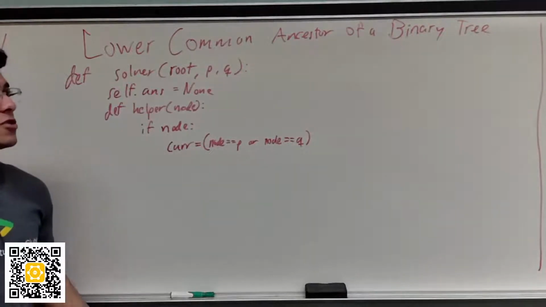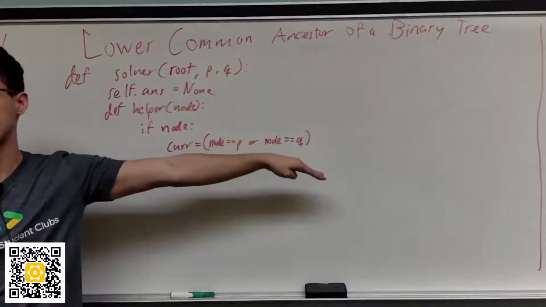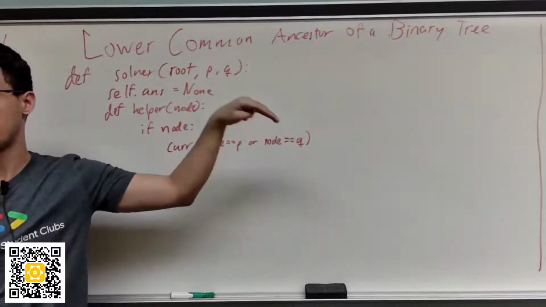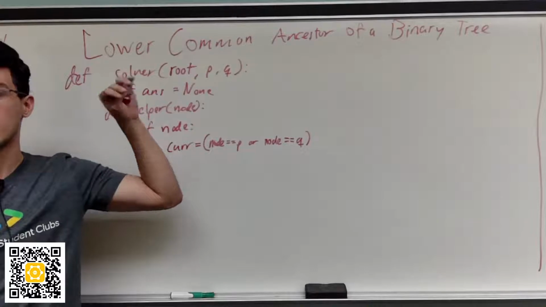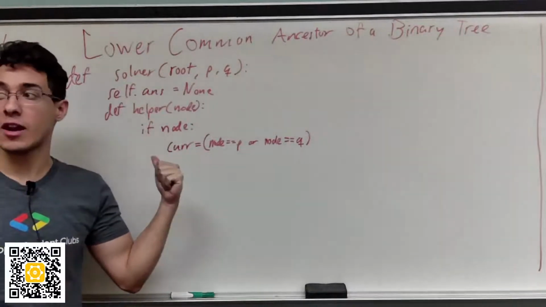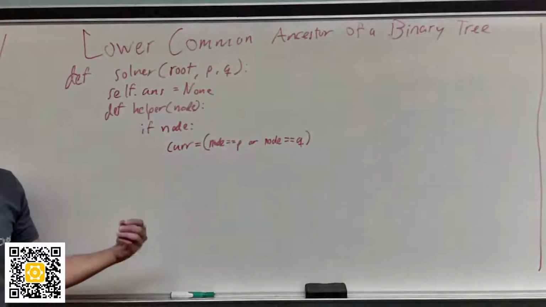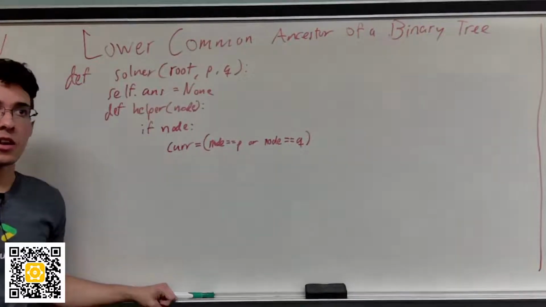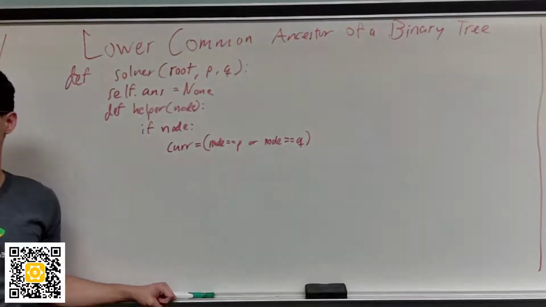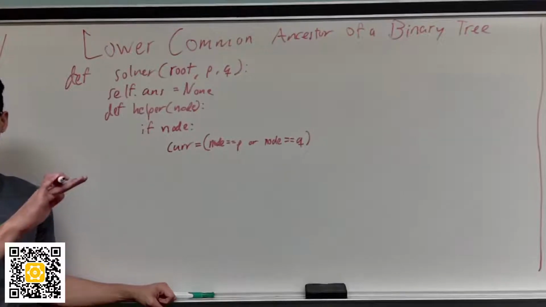So we check the condition for, say, the root, or maybe any node that isn't P or Q. The current node we're at could be it. But first we need to find the other values. And what do we need to do? We need to recursively traverse where? Through the tree. In which directions?